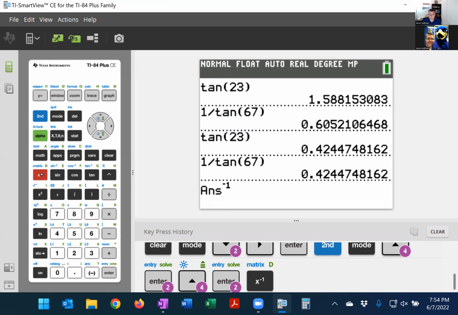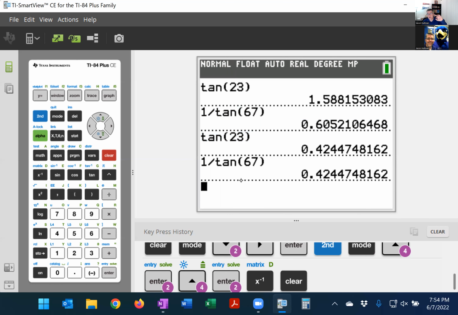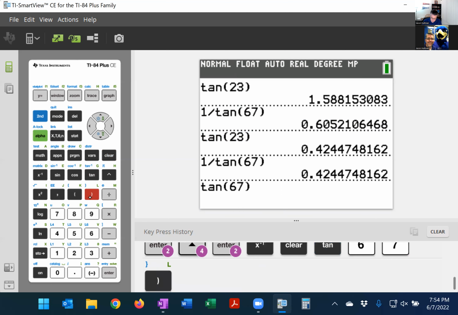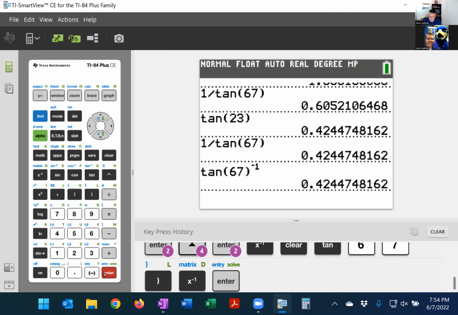So say that I wanted the tangent of 67, but I wanted the reciprocal of that, the cotangent. If I took the tangent of 67 and then reciprocal that, that gives me 0.42. It's the same thing as doing 1 over. Anything to the -1 power is just 1 over itself.